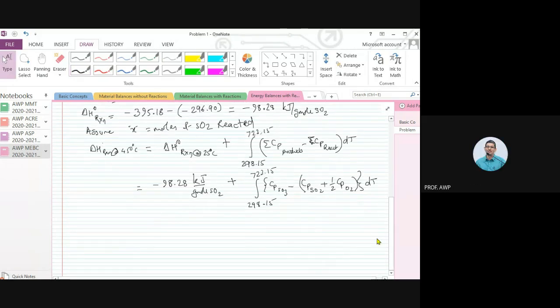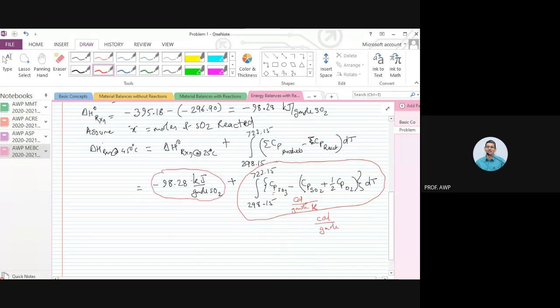Okay. Only thing, take care that the units of Cp are calories per gram mole Kelvin, right? So this whole integral will have units of calories per gram mole, whereas this minus 98.28 is in kilojoules per gram mole.